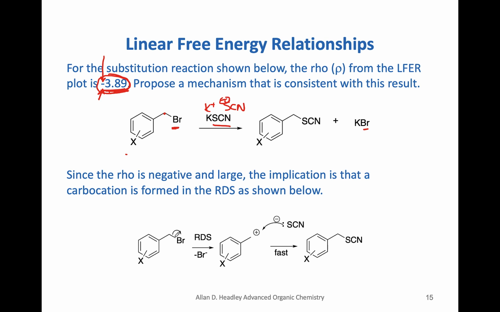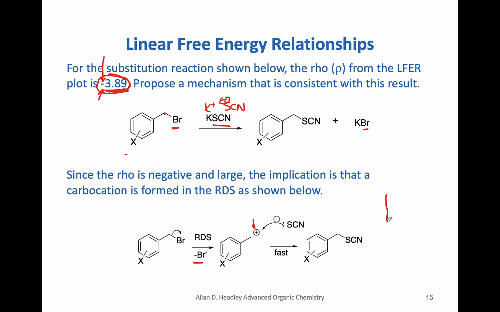In the rate determining step, the bromine leaves to form a carbocation, positive. So two things, this is positive, this is positive, and we get that information from the negative slope, which means here that electron donating group will stabilize that charge.